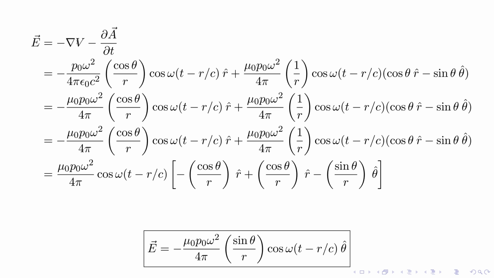So the gradient of the V field cancels out the r component of the time derivative of the A field exactly. And so we're left with the E field equal to negative mu naught p naught omega squared over 4 pi sine theta over r cosine omega t minus r over c in the theta hat direction.